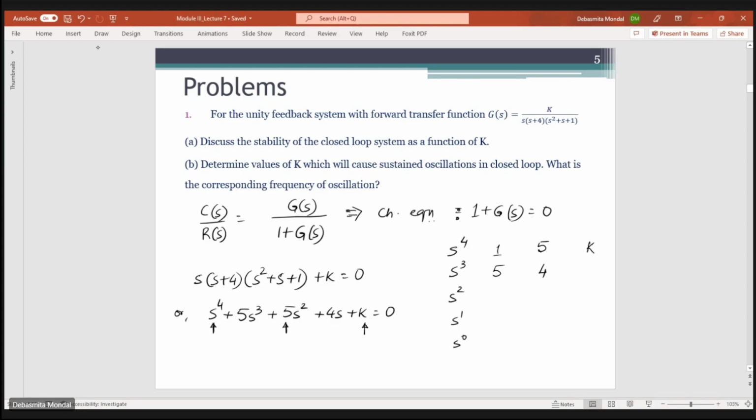What is that value? Ma'am, 4.2. Okay, and then for the second term?